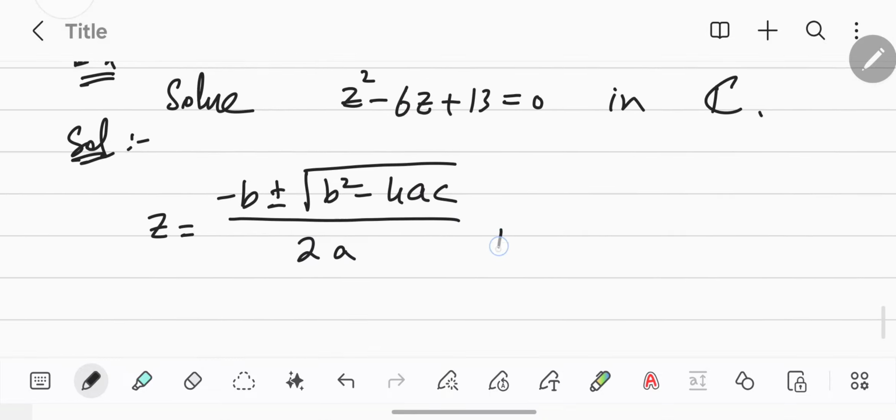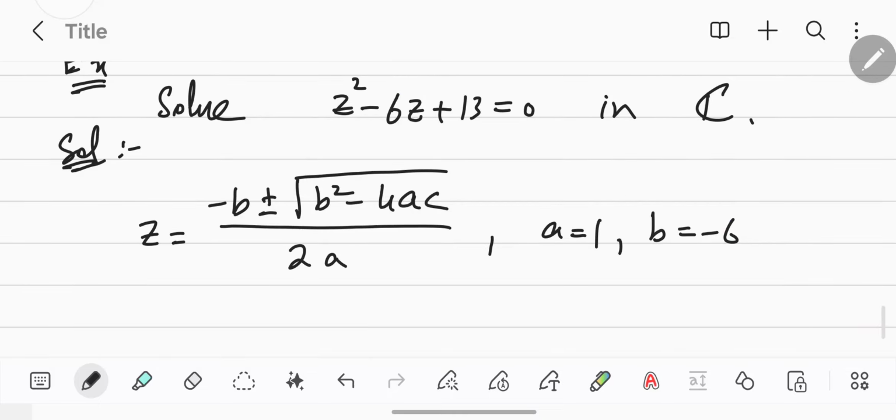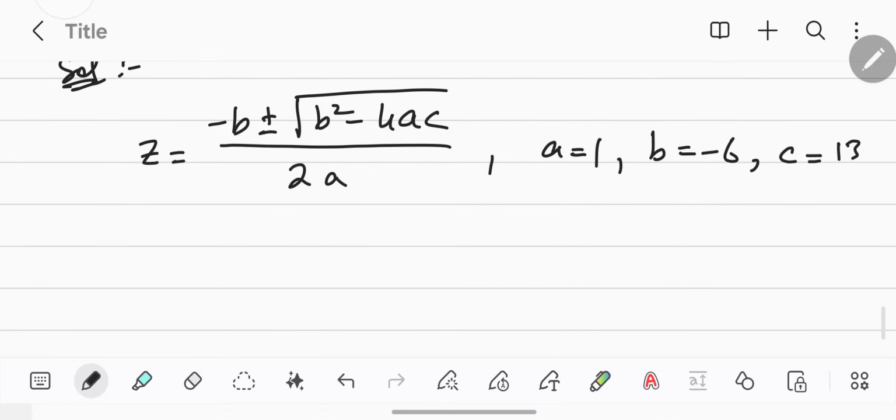What are a, b, c? a is equal to 1 because the coefficient of z² is 1. And b is equal to -6 because the coefficient of z is -6. And similarly, c is equal to 13 because the constant term is 13.